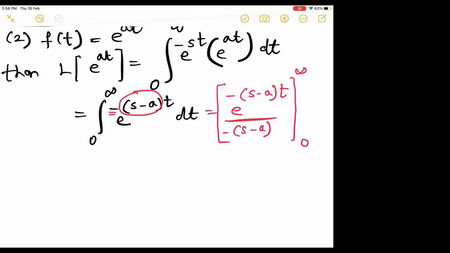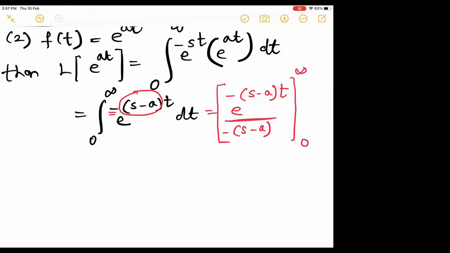Here the first term was like Laplace transform of e raised to at is equal to 0 to infinity e raised to minus st into e raised to at dt. Is e raised to at our k, like the constant?